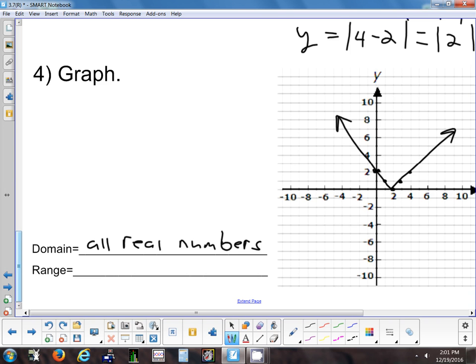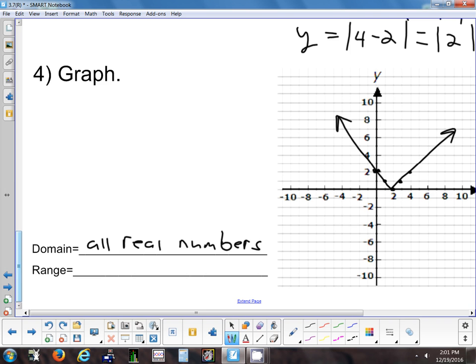And now the range, does the range go down forever? No. So that means it has a lowest value, but does it go up forever? Yes. These V shapes, they just keep going. So what is my range here? What's the lowest value? What's the highest value? 0 to 4?